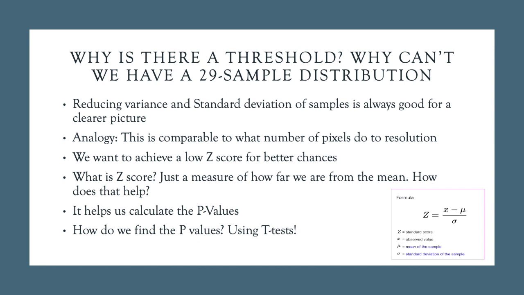An interesting fact, by the way, looking at the formula on the bottom right, is that the z-score is equal to (x minus mu) over sigma. Whenever we want to take the z value of a certain distribution itself, we take the mean of the distribution, we subtract the population mean, and we divide it by the standard deviation of the sample.